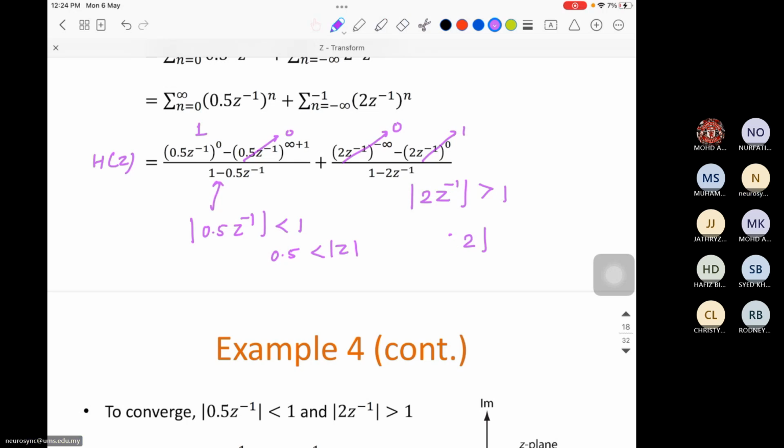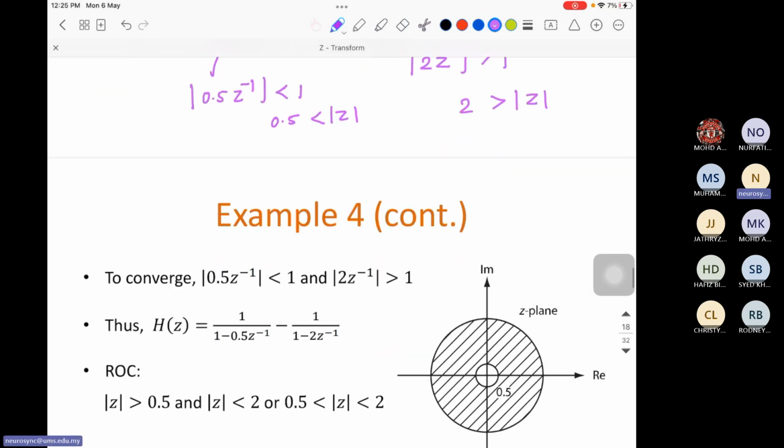Here, if this z is less than 2, in that case this will converge.